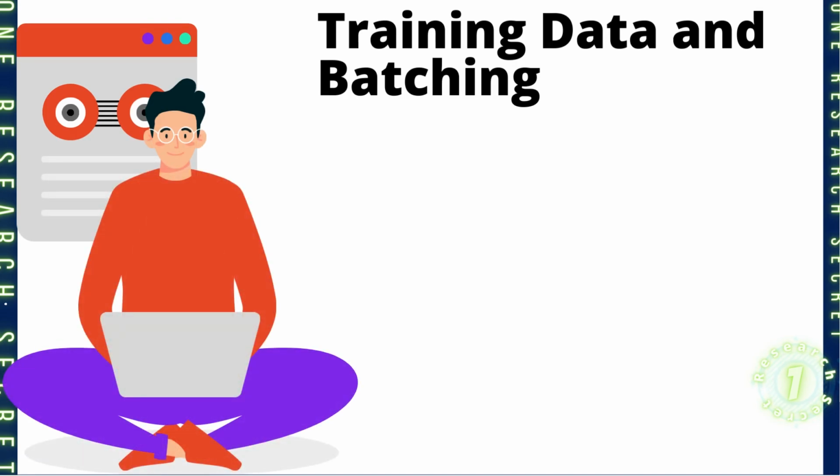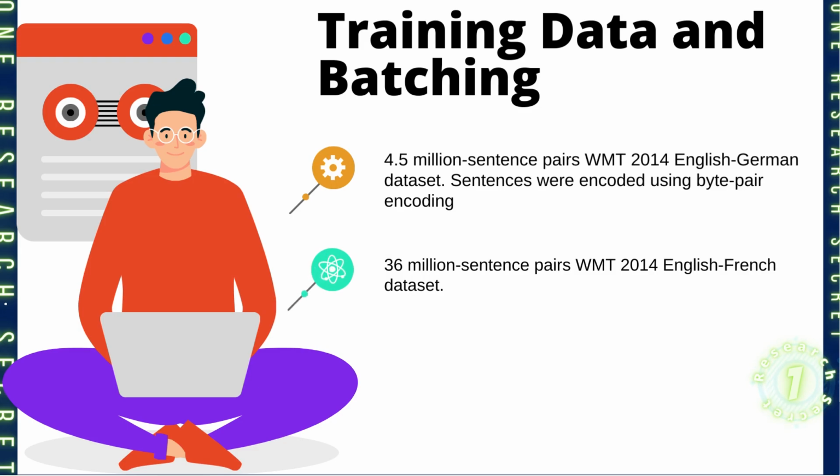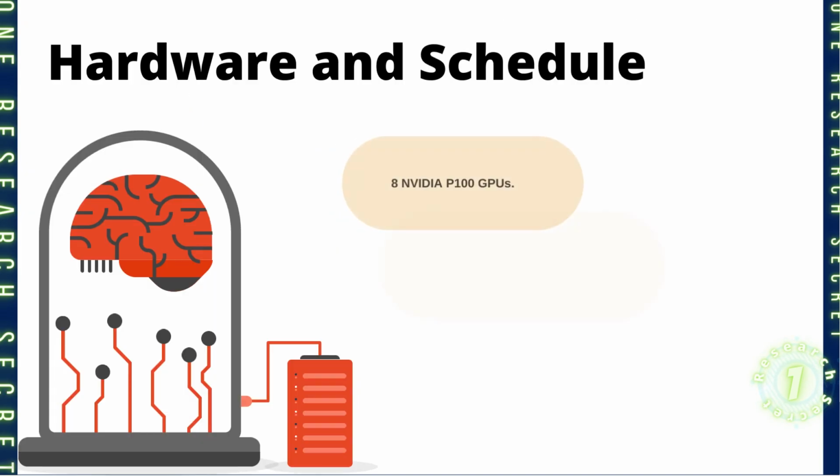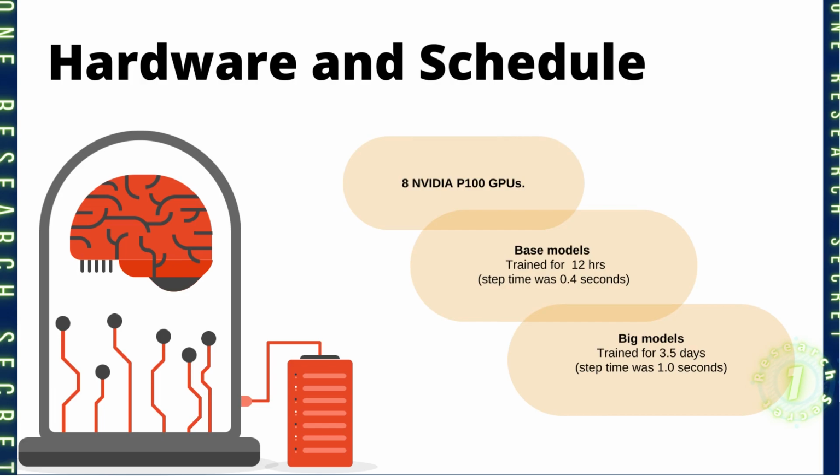We now understand the working of the transformer model. Now let's take a look at a few facts. Here we have what was used to train the model. It was the WMT 2014 English-German and English-French dataset. The hardware setup was 8 NVIDIA GPUs. Base models were trained for 12 hours, big models were trained for 3.5 days.